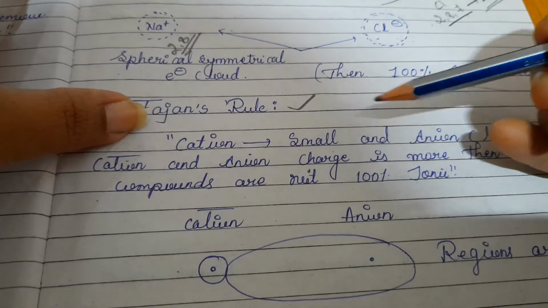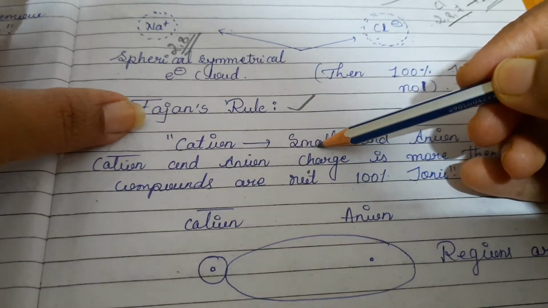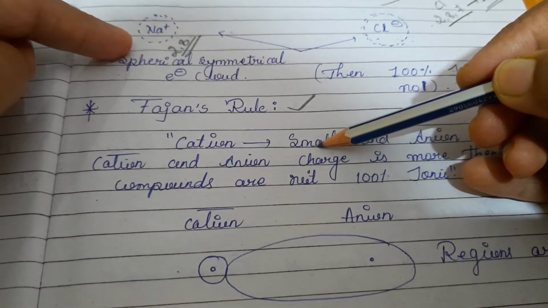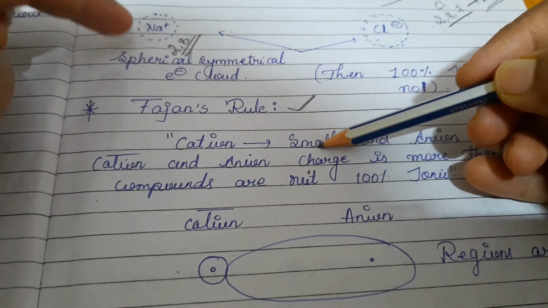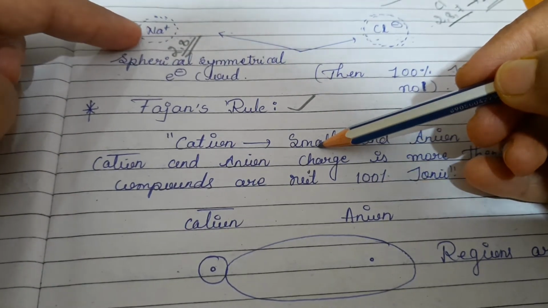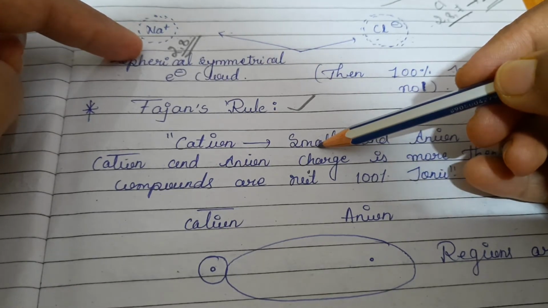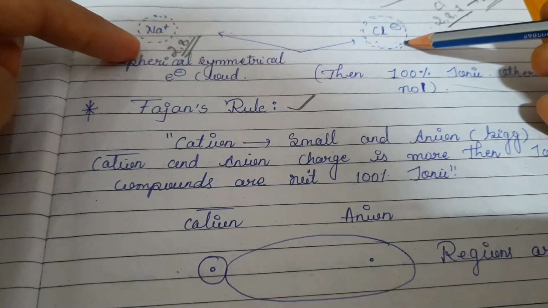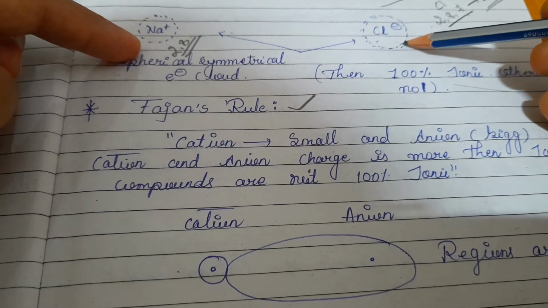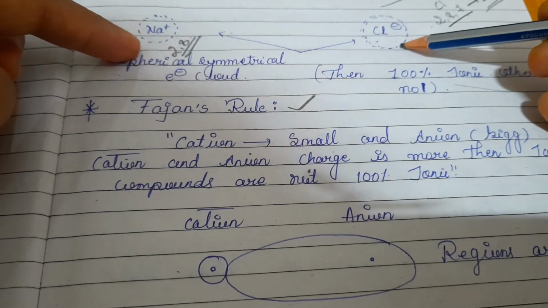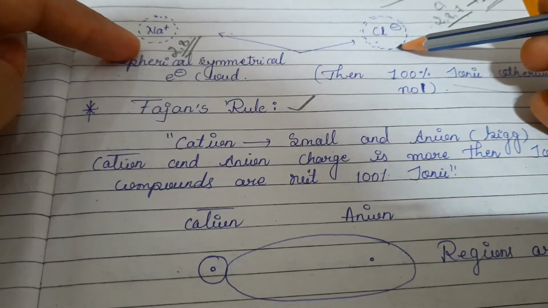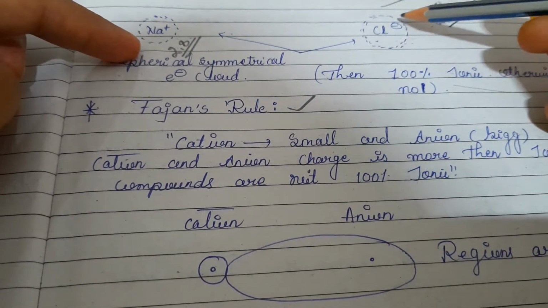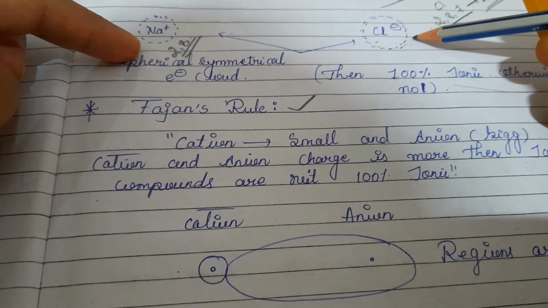Here I have taken sodium. After losing the electron, it becomes a cation. Initially the size was big, but when it has lost its outer electron, it becomes small. And see this one, Cl has one electron less. The size was normal, but once it accepts one electron from the sodium, it becomes a big anion. The size of the anion increases.